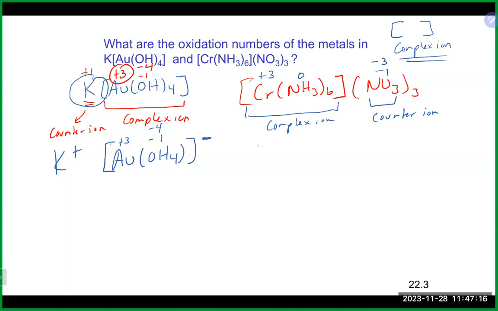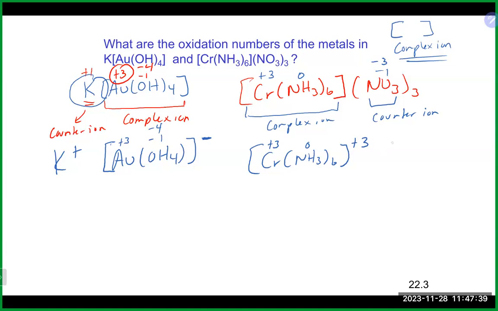Now, different over here on our second one, when we look at what's happening with our complex ion part, we know that this is +3. And as we just talked about, that is 0, which means overall here, our complex ion really is carrying a +3 charge, and it's actually a positive complex ion in this case.